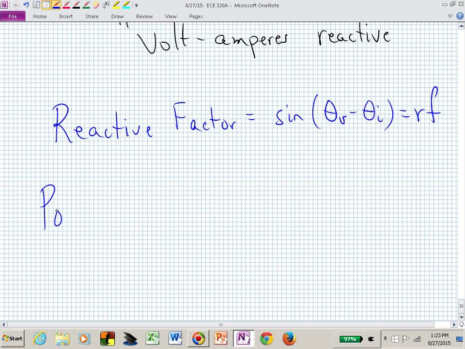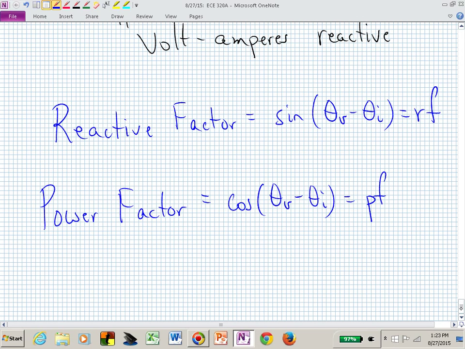And if we return to the earlier real power formula, then we have a power factor, which is the cosine of theta sub V minus theta sub I, and that's PF.